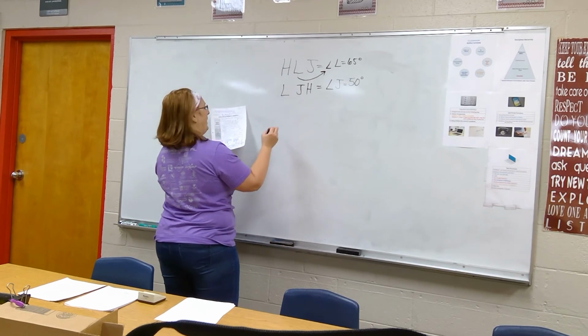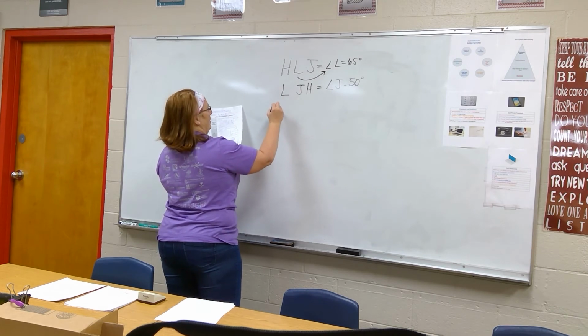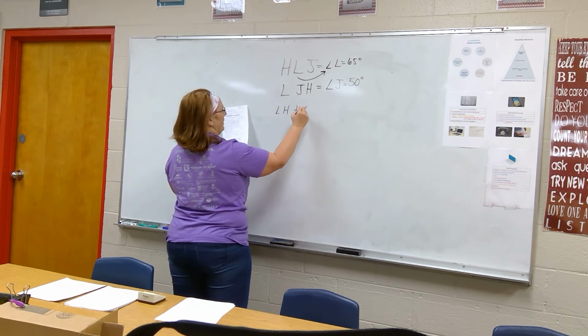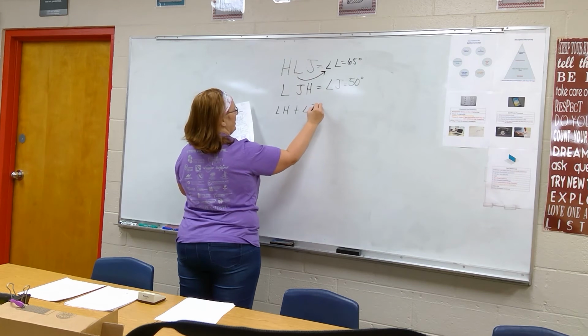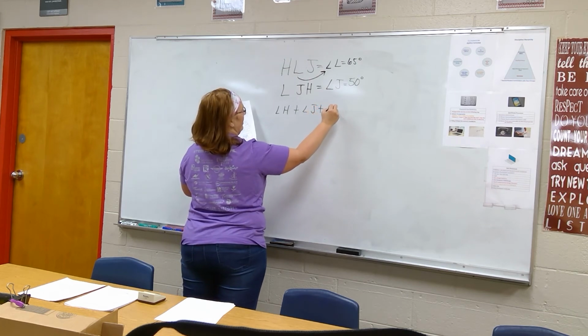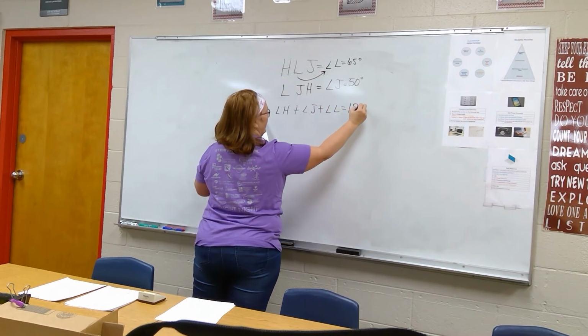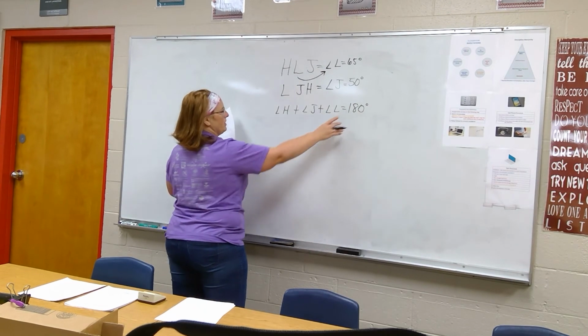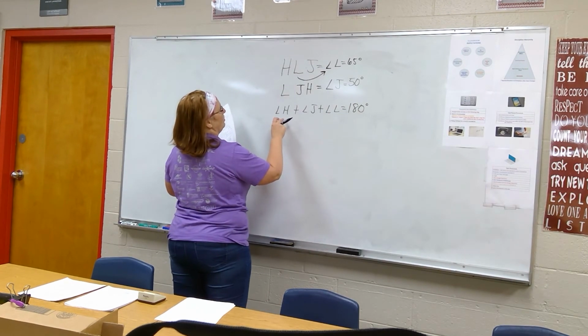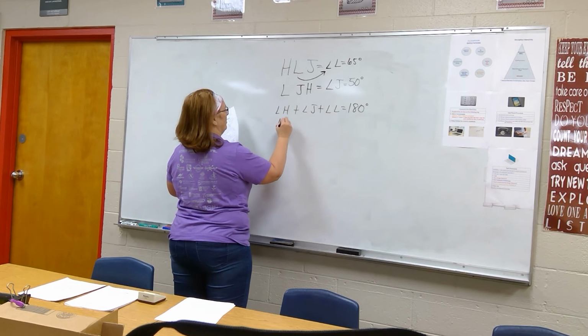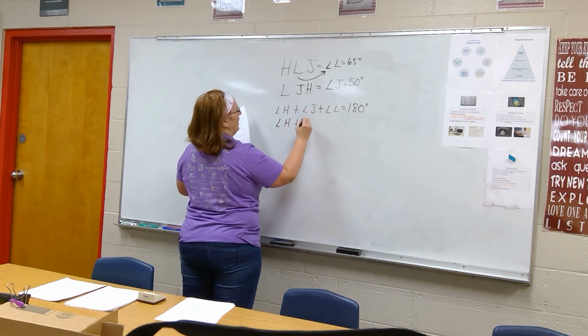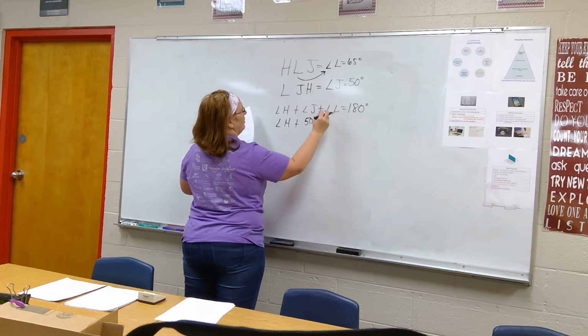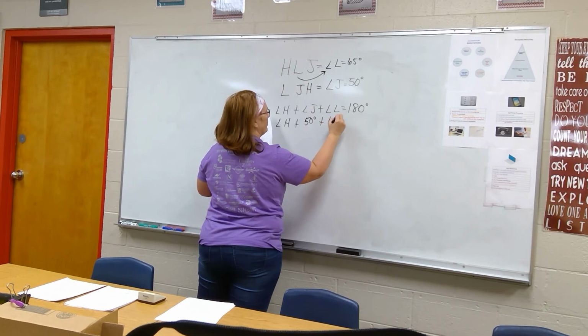So I can figure that out by saying angle H plus angle J plus angle L equals 180 degrees. All triangles equal 180. So angle H, I don't know it, plus angle J was 50, plus angle L was 65 degrees.